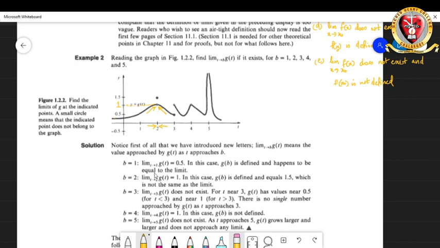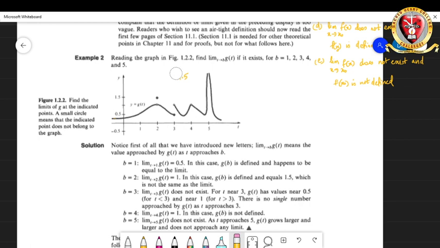So the limit t tends to 2, g of t is equal to 1, right? But what is g of 2? G of 2 is equal to 1.5 according to the figure, right? G of 2 is equal to 1.5, but limit t tends to 2, g of t is equal to 1. So that is an observation you get for the second part of the question.